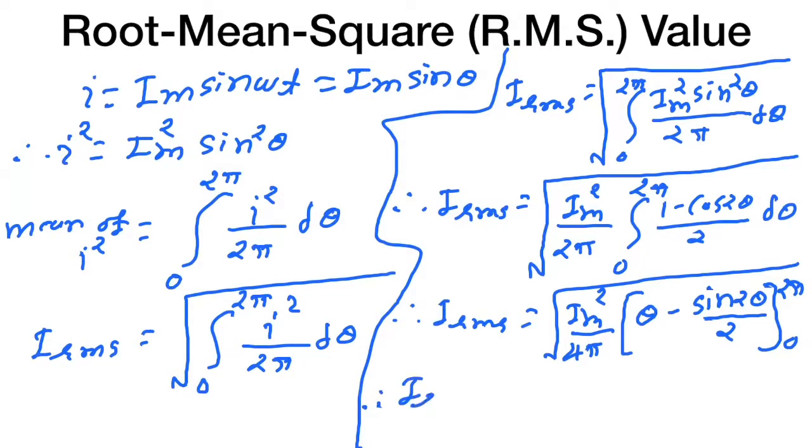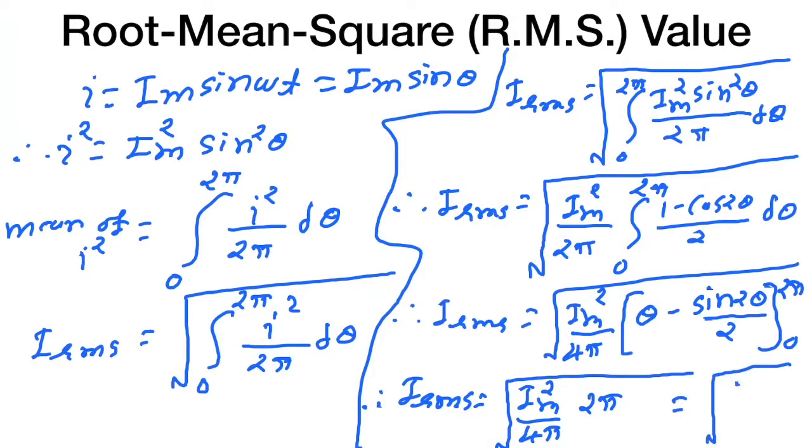Therefore, I RMS is equal to square root Im square divided by 4 pi. Now by simplifying this term we get it is equal to 2 pi. So 2 pi cancel out. So I RMS is equal to square root Im square divided by 2.